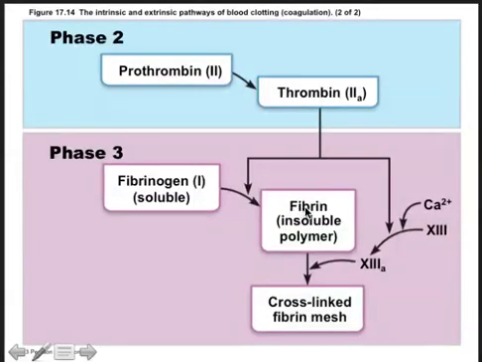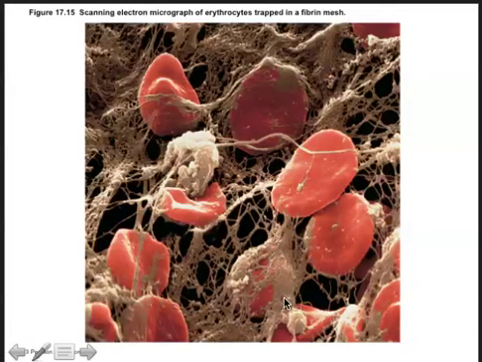This reaction is also dependent on the activation of factor 13, which happens in the presence of calcium and thrombin, and this ultimately results in this cross-linked mesh in which we're capable of trapping all manner of formed elements, and this is going to serve as our temporary block against blood loss while other cells come in and repair the tissue.